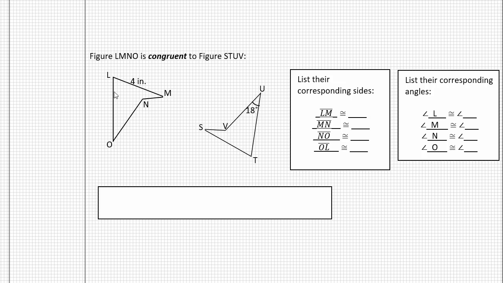I'd like you to start by imagining that and then seeing if you can figure out which side lengths on this figure correspond to the side lengths I've already listed here from figure LMNO. And then we're going to do the same thing with the angles. Go ahead and pause the video to do your work, and then be ready to check back.